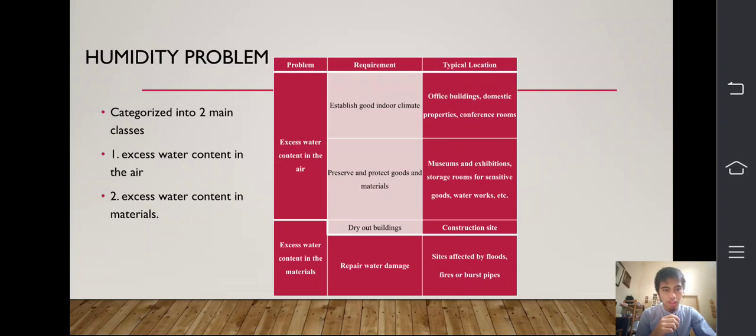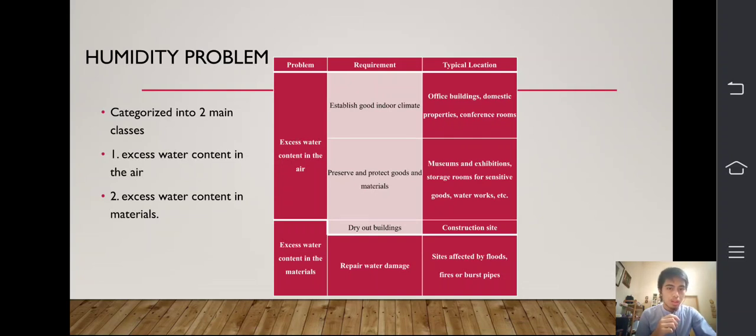Then for the second problem, excess water content in materials, the first requirement is to dry out buildings, and the typical location is a construction site. The second requirement is to repair water damage, and the typical locations are sites affected by floods, fires, or burst pipes.